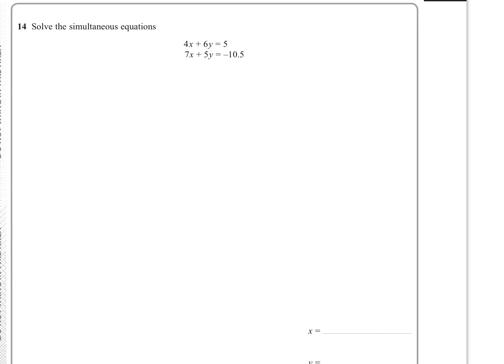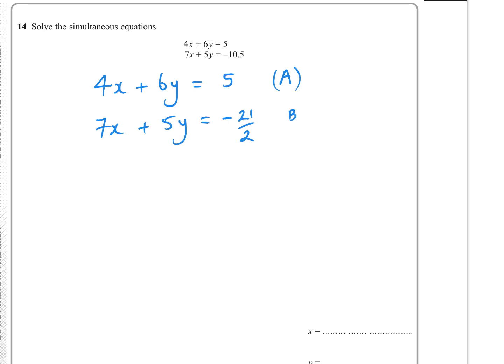Question 14. Solve the simultaneous equations given. Well, the first one here, 4x plus 6y equals 5, we'll call that equation A. And the next one, 7x plus 5y equals minus 10.5, and I'd rather call that minus 21 over 2, if that's okay, and I'll call that B. So I think the first thing I'm going to do is multiply B by 2 to get rid of this awkward denominator here.